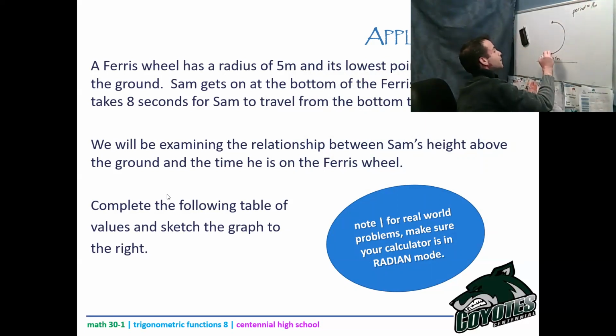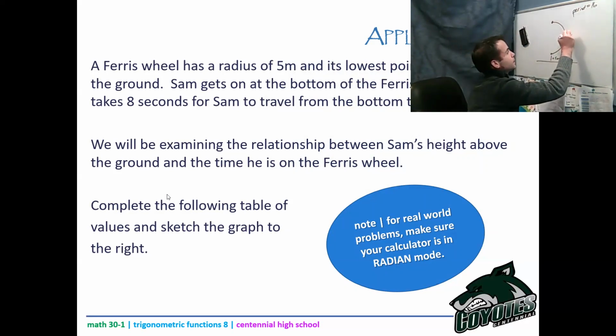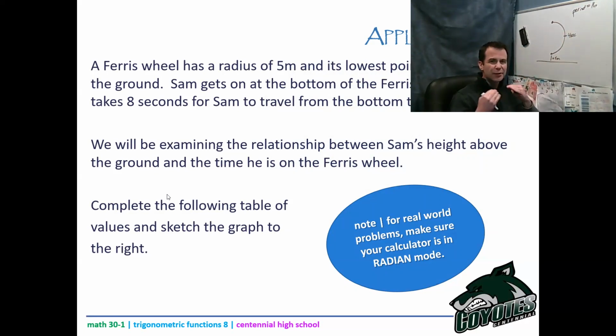Now, that means if it took 8 seconds to get up here, how many seconds will it take me to get halfway up there? Well, that'll be 4 seconds. And we want to think about, how high am I at those 4 seconds? Well, I know I have to be for sure that 0.5 high. But then I've also added this distance. We need to visualize what that distance means.